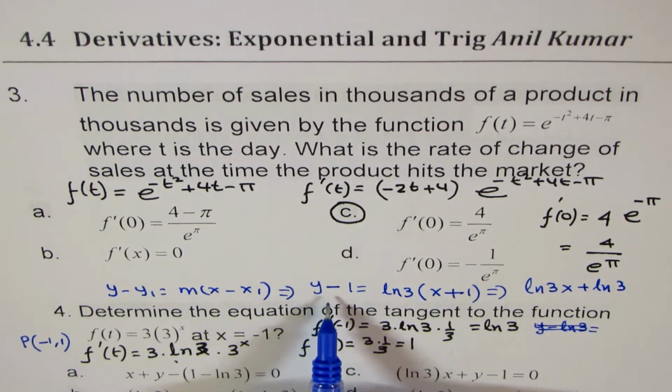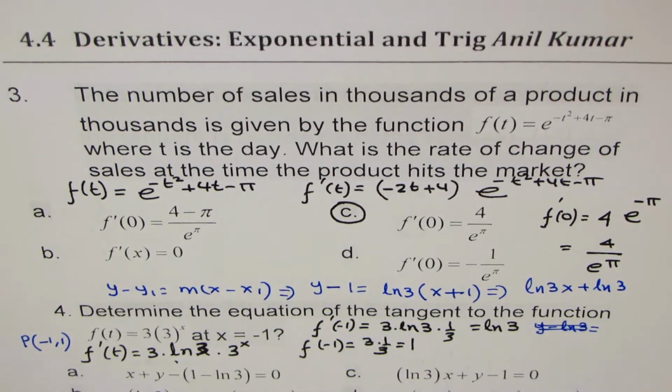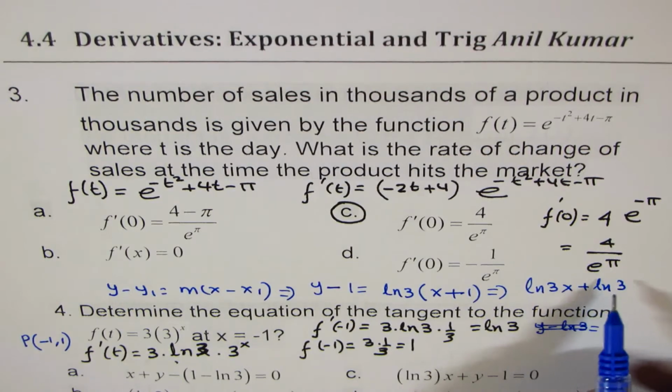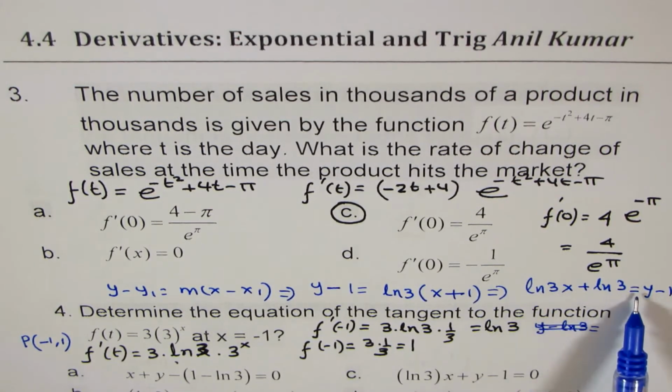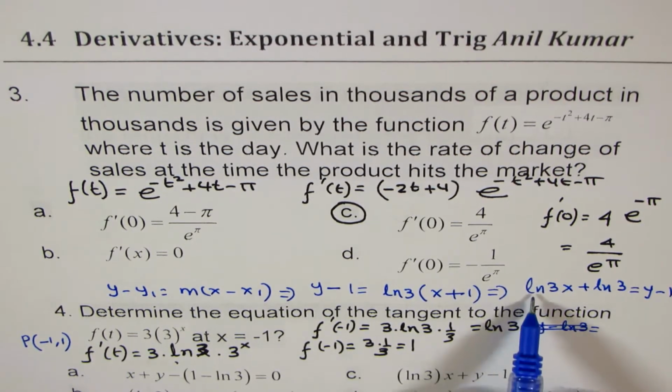Y, we can bring it to this side, or we have to match one of these, right? Which equals y minus 1. So that is the equation. So this one is minus ln 3x. If I bring this to that side and open this, I get minus 1 minus ln 3. So it kind of matches with 4, right?